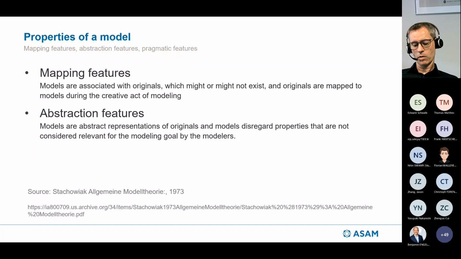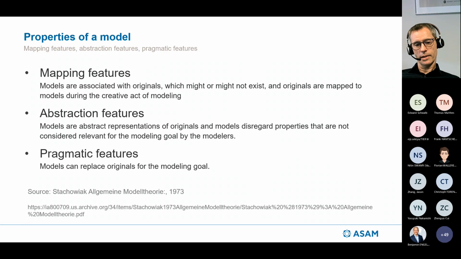Which means you lose information from your original to your model for the sake of simplicity. This is really great since it's simpler and probably better to understand the model. On the other hand, you lose the general use of your models, and that's also some kind of balancing: what features to map and what features to disregard during your modeling process.